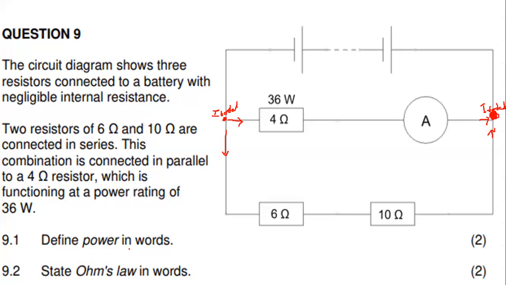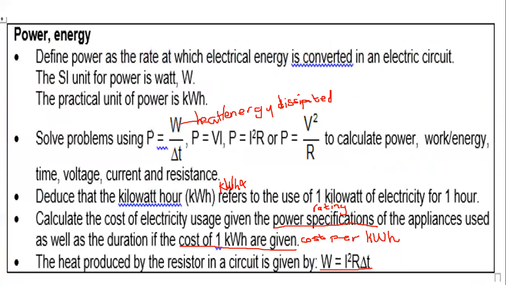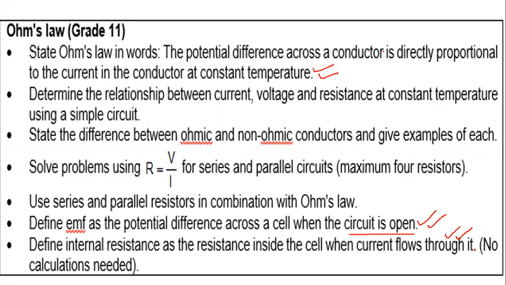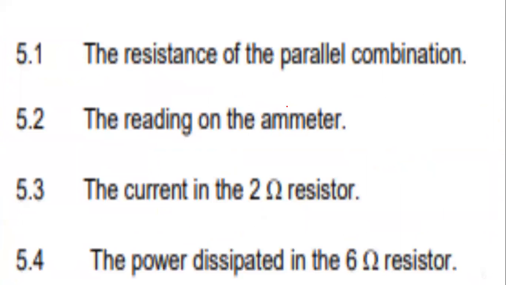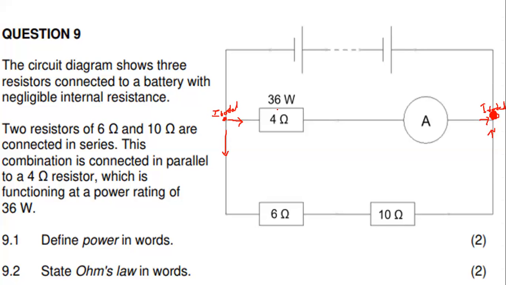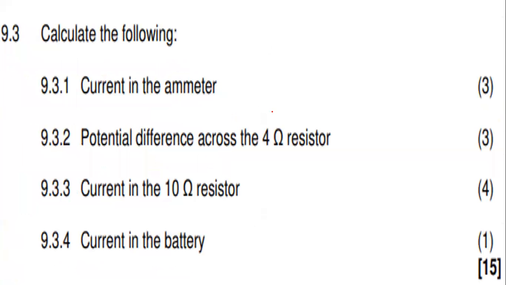Altogether, right? So that will give us 2 marks. We know this definition, my dear learners. The potential difference across a conductor is directly proportional to the current in the conductor at constant temperature. So this gives you 2 marks or nothing.